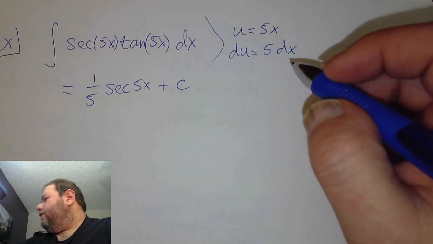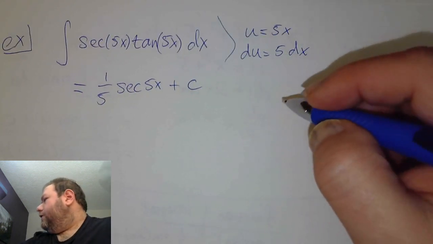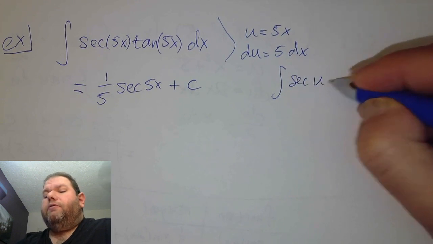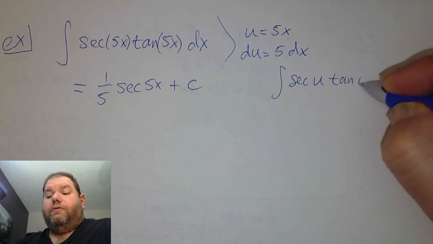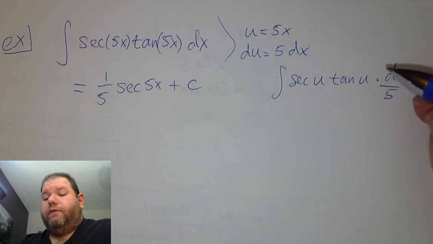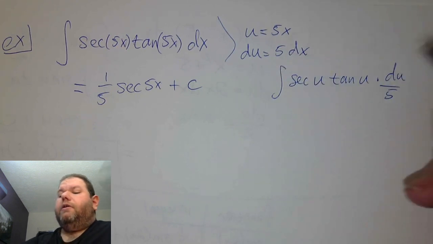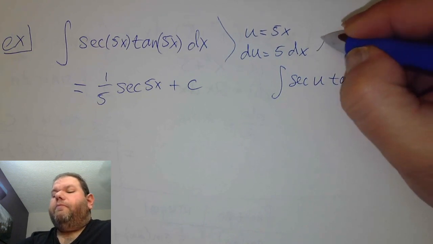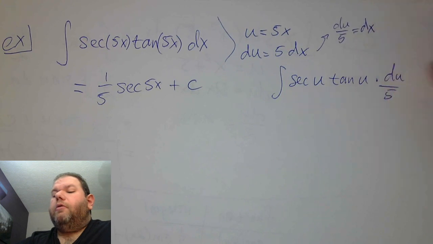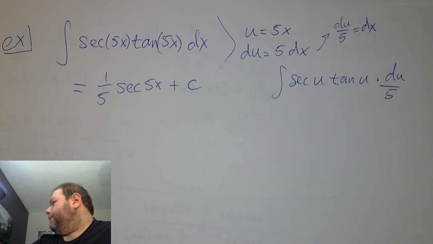And we could go on from there and say, alright, we have integral of secant u, tangent u, and then du over 5, of course, from the dx. Okay.